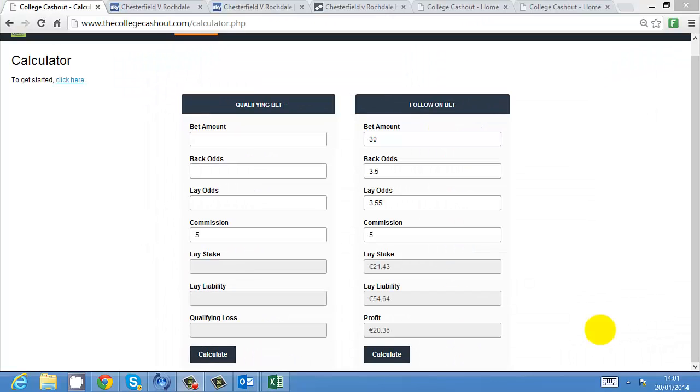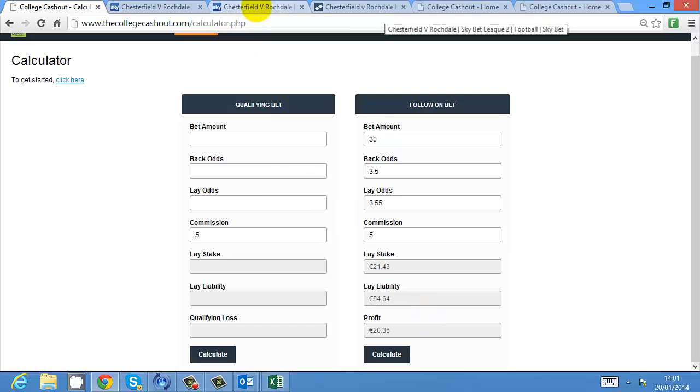I want to take a moment to explain why our profit is €20.36, regardless of what happens in the outcome. In Sky Bet, we've bet that Rochdale and Chesterfield will draw, and we've laid the draw in Betfair. So no matter what happens, our profit is going to be €20.36.